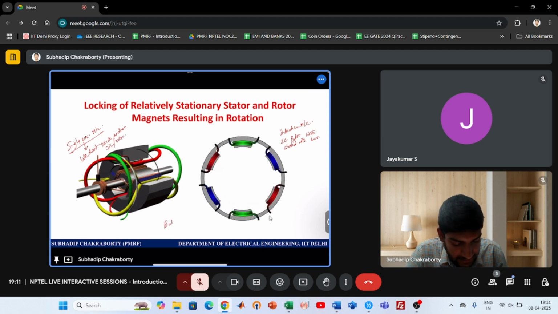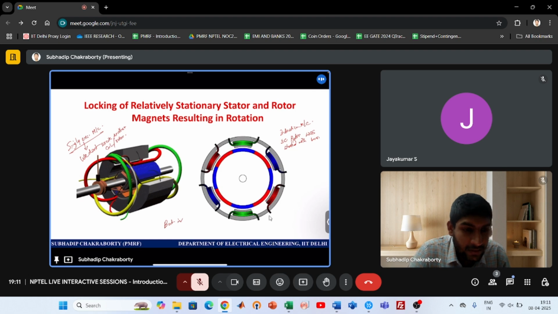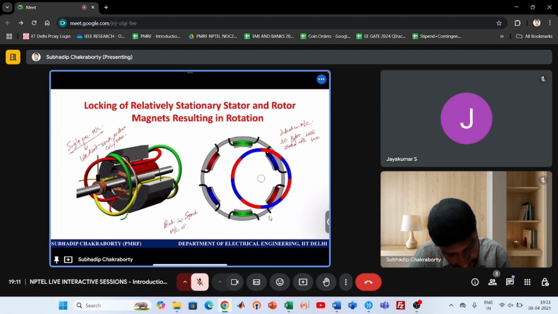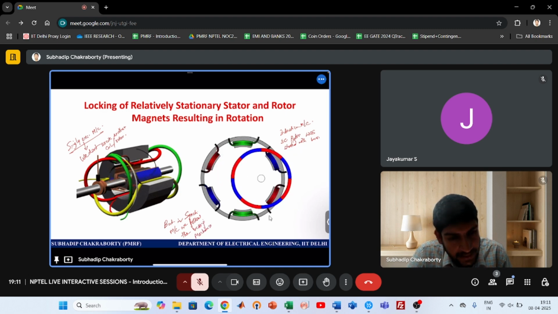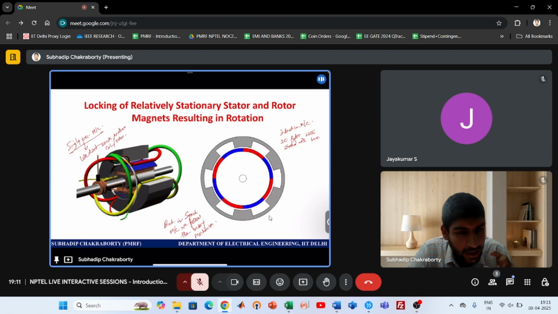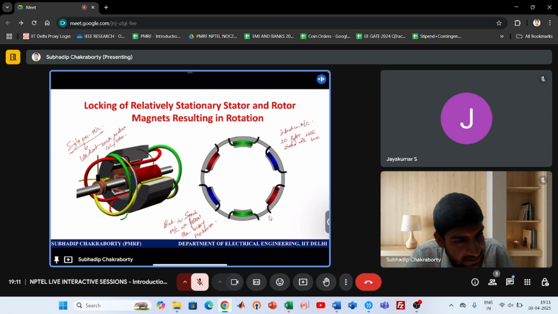But as you know, the synchronous machine, we follow the locking mechanism. And it is very important, right? Because if two magnets are locked, then only the rotation will take place.